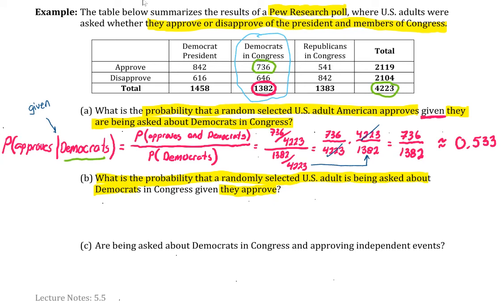Again, notice the word given that tells us we're looking at a conditional probability. We can write this as the probability that they're being asked about Democrats, given that they approve of the job they are doing. Again, notice the vertical line being interpreted as the word given.